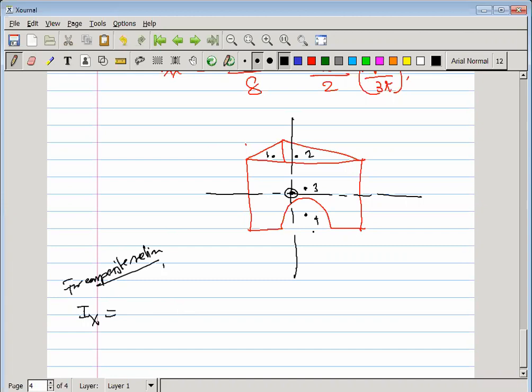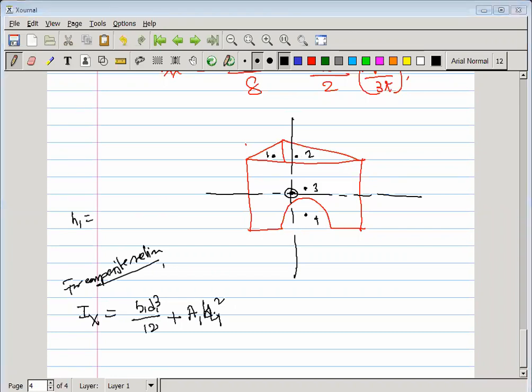So first one is b1 d1 cube by 36, plus A1 h1 square. And h1 is how much? H1 is this distance. See, this is the coordinate and this is the centroidal coordinate. So this distance you can easily find out, it is nothing but y1 minus cy.